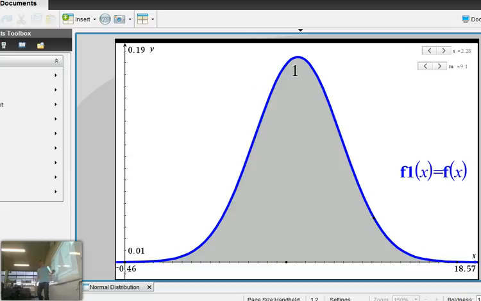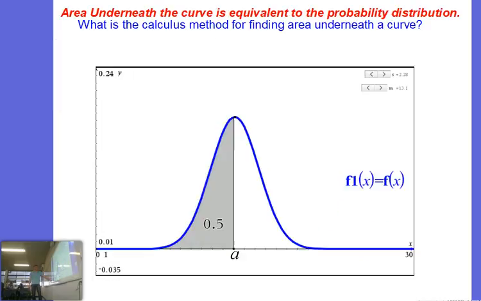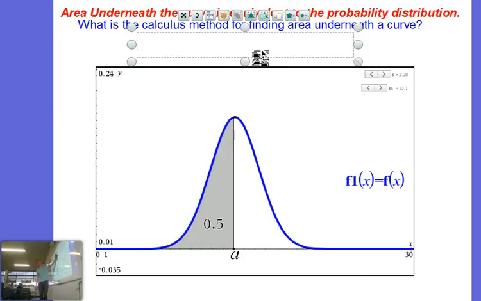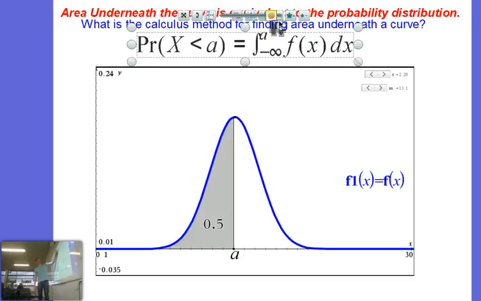So we use integration as a way of calculating the probability. The area underneath the curve is equivalent to the probability of the distribution. So the calculus method is integration, and we've got this very important way of calculating probability.